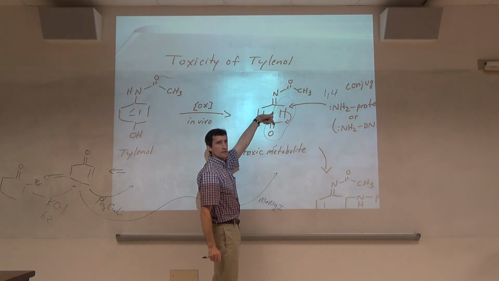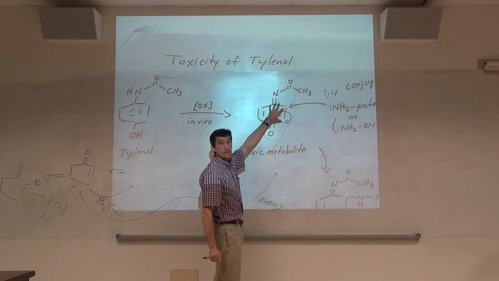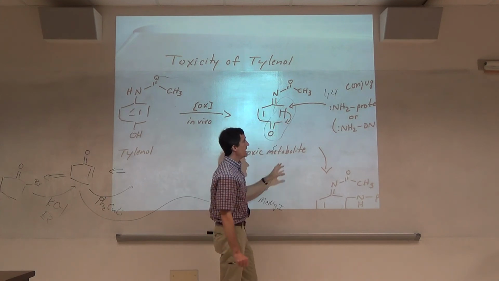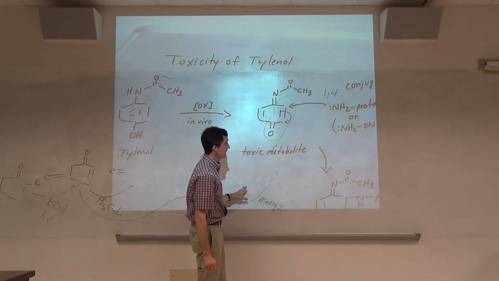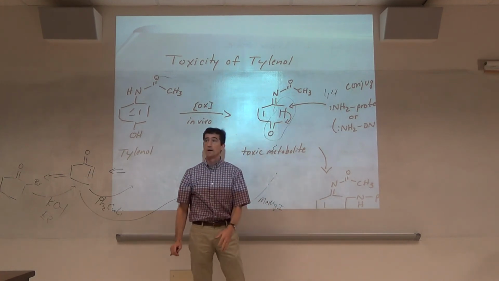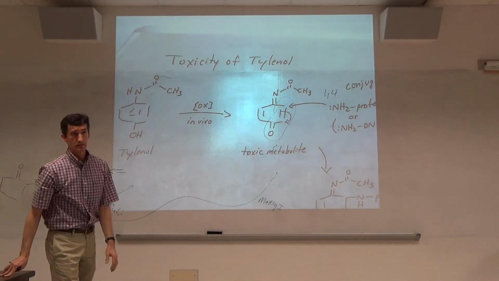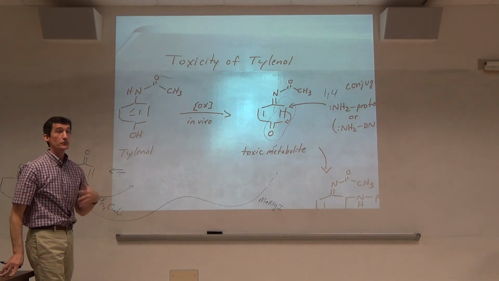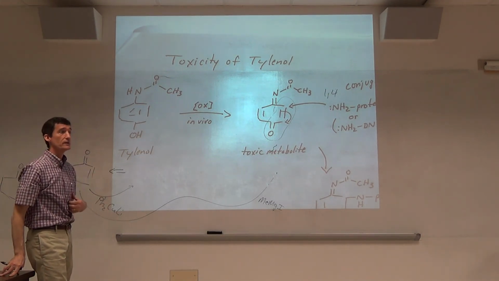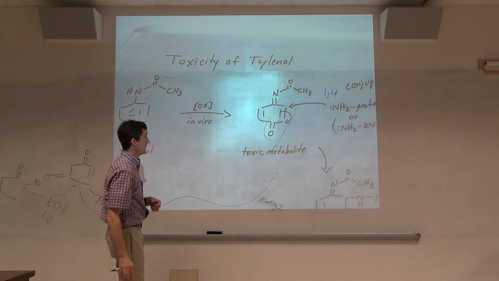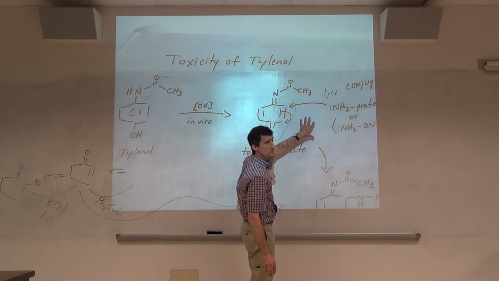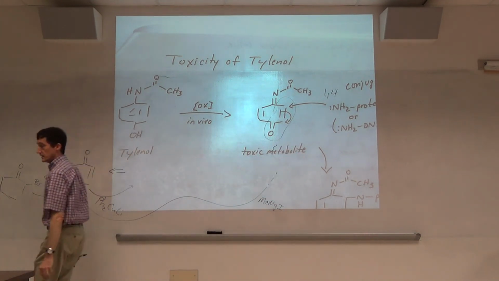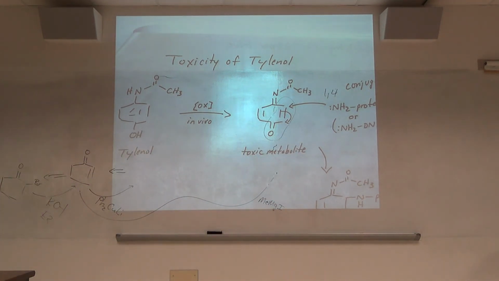Alpha, beta unsaturated carbonyl. These things tend to be pretty reactive. And in the body, your proteins will start doing Michael addition. Well, that screws up your proteins. Proteins in your eyes or in your liver. Lots of proteins in the liver, and it causes toxicity. It's a toxic metabolite acting through conjugate addition, Michael addition.